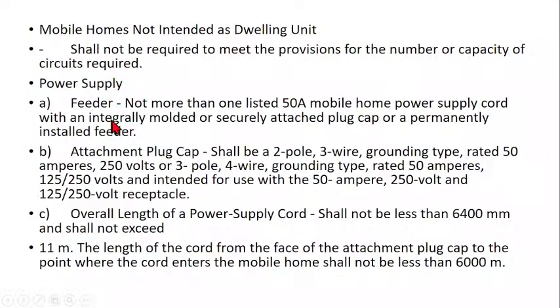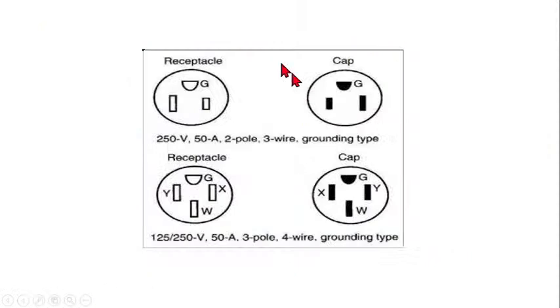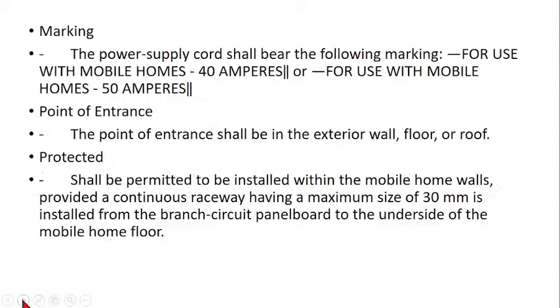So hindi siya pwedeng tawaging bahay. No, it is just a temporary living quarters. Okay, no? So the power feeder, so not more than one listed 50 ampere mobile home power supply cord. No, isa lang ang kanyang supply. The attachment plug, ito yung mga attachment plug na rating niya. The overall length of a power supply cord shall not be less than 6,400 mm and shall not exceed, no, 11 meters na length. Okay? So ito yung klase ng mga plug, no, for the mobile homes.